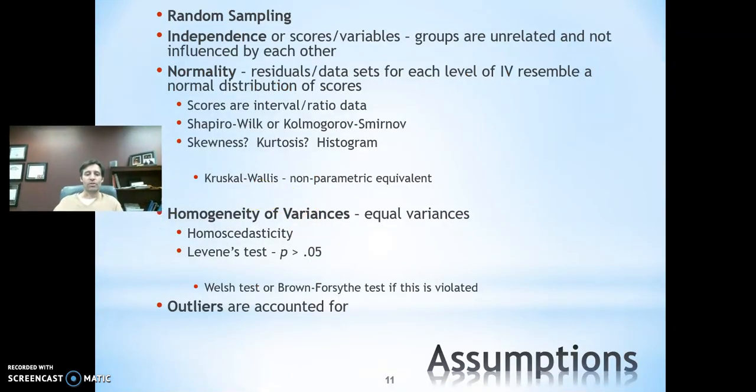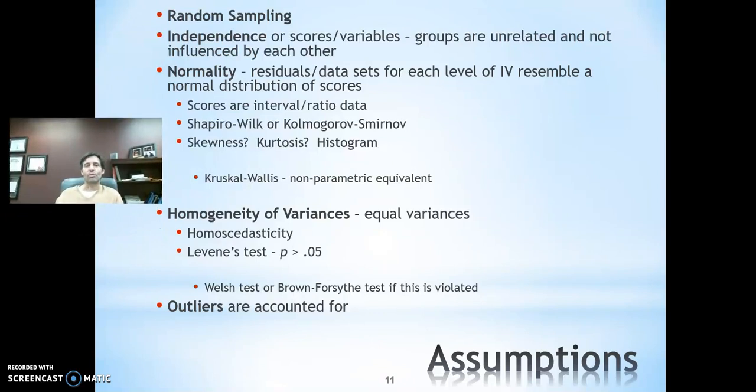Now, there are several assumptions that we need to meet before we jump in and do ANOVA. We need to make sure that we have random sampling. Most procedures are built on that presumption. You also want the scores to have independence of variables, meaning they're unrelated and not influenced by one another.